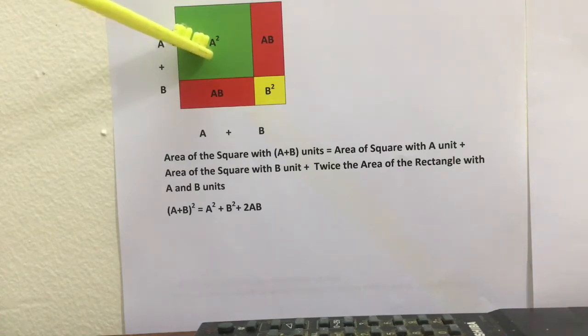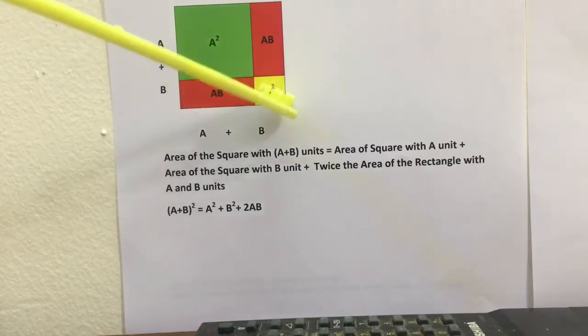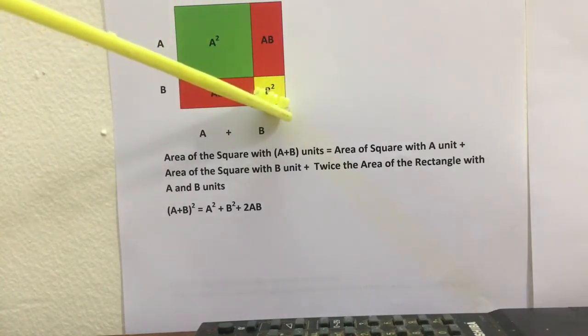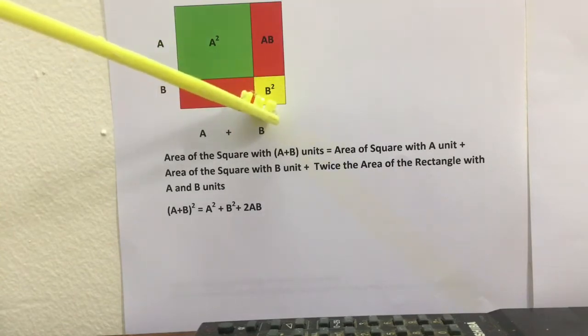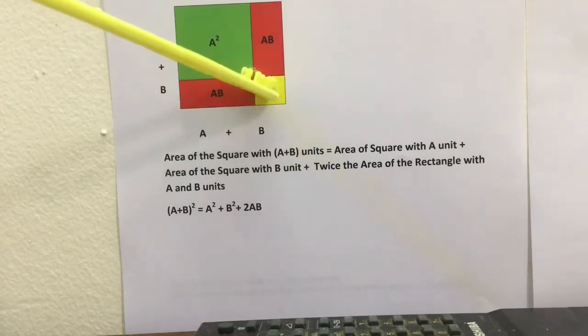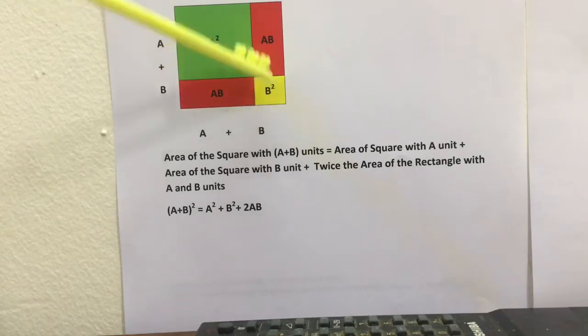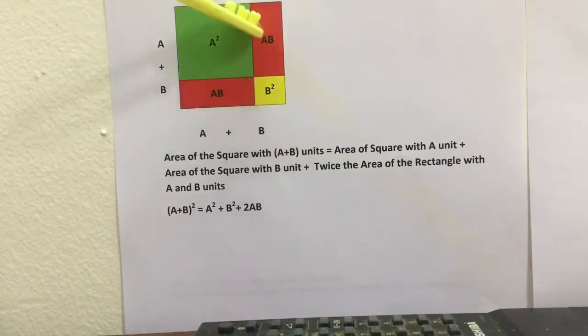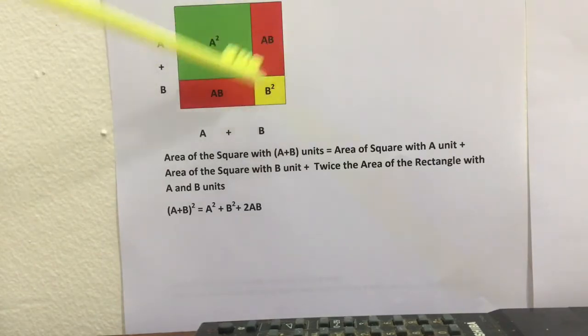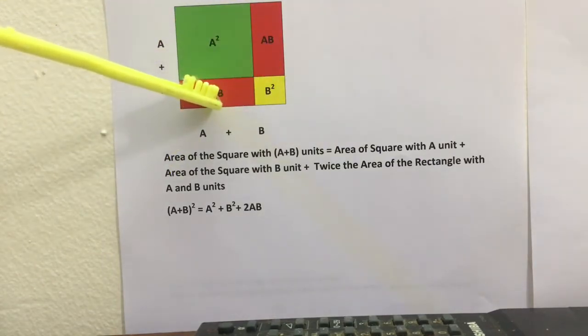The area of this square is a square. We know because the side is a, so a into a, a square. Area of this square is b square because the side is b. The area of this rectangle is a into b because the length is a, breadth is b, so area of this rectangle is ab, and the area of the other rectangle is also ab.